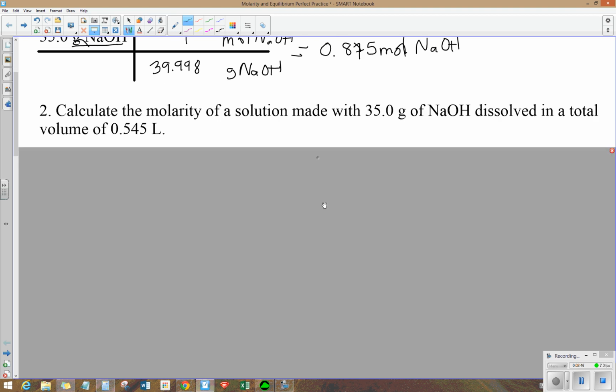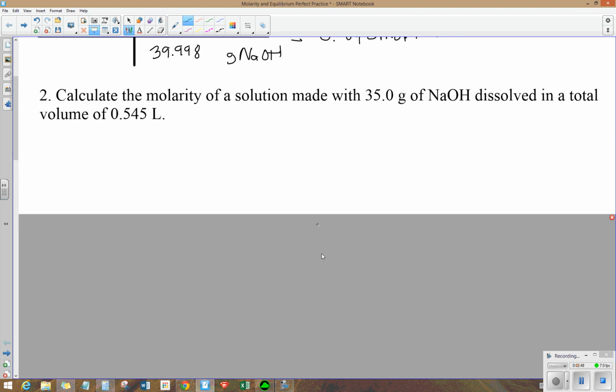Problem number 2. Calculate the molarity of a solution made with 35 grams of sodium hydroxide dissolved in a total of 0.545 liters. So for this problem, the given information, we are told what the mass is. So the mass is equal to 35.0 grams of sodium hydroxide.